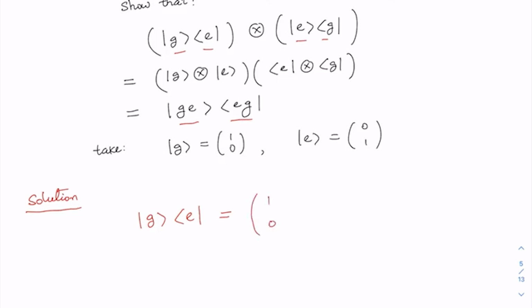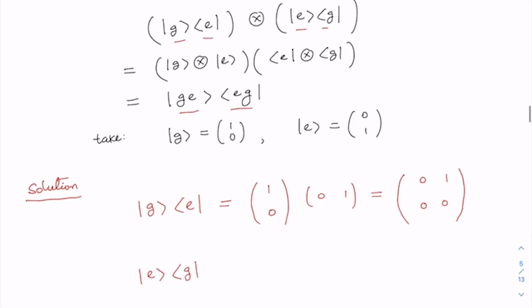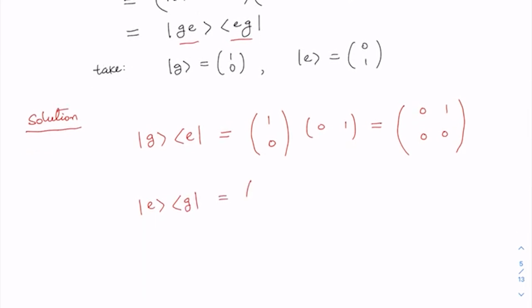This would be the outer product. So ket z is 1 0, bra e would be 0 1. So if I take the matrix multiplication, I will have 0 1 0 0. Okay, and then the outer product of ket e and bra z, that would be ket e is 0 1 and bra z is 1 0.